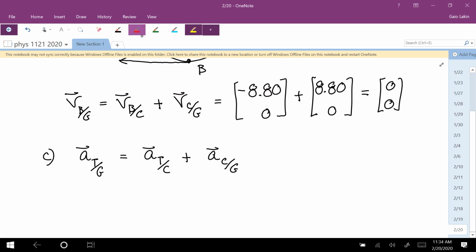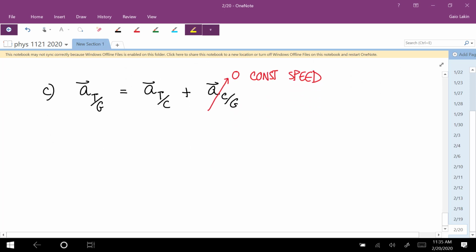So this is 0. We're talking about the acceleration of the center. So if the center is just moving with a constant speed along the ground, one radius above the ground, there's no acceleration.